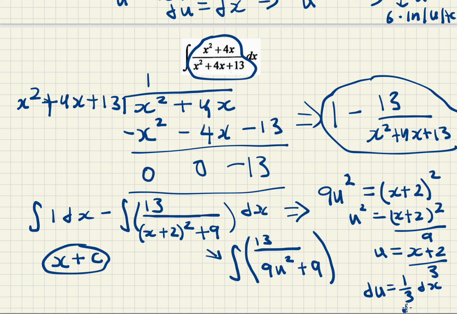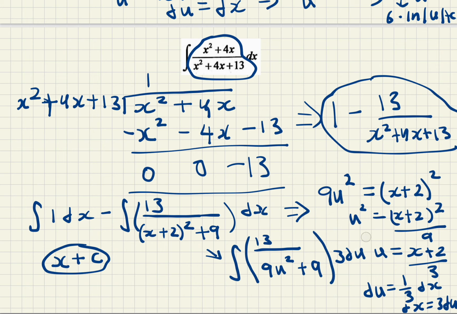So that would mean dx equals 3 du, right? X turns to 1, and 1 over 3 is 1 over 3. You're just taking the derivative of x over 3. So that's 1 over 3 dx, and dx is equal to 3 du. Okay? So we can replace dx with 3 du, right?